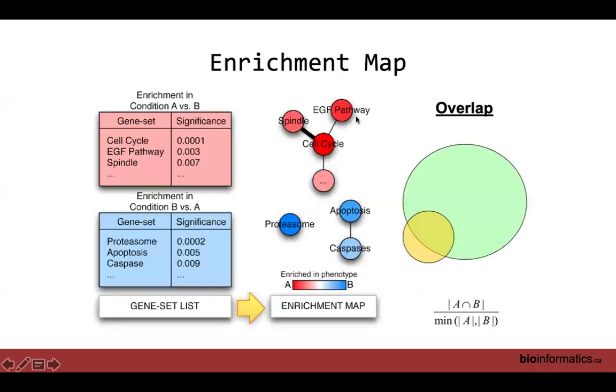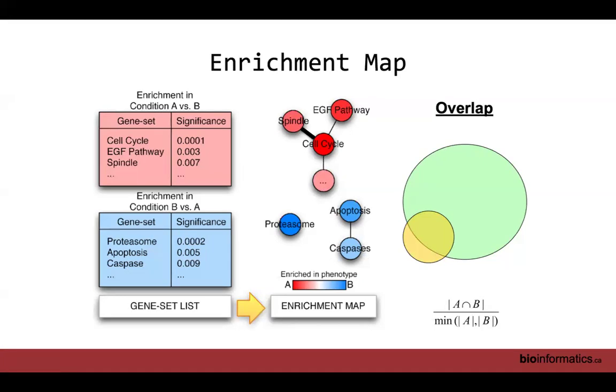So an enrichment map now, okay, we start with our enrichment results in our up and our down regulated set. So we have a set of gene sets that are enriched. Each node is going to be an individual gene set. And then the relationship between two gene sets is calculated using an overlap statistic. There are a few different options that you can use within the enrichment map. There's the overlap coefficient, there's the Jaccard coefficient, and there's also a combination of the two.